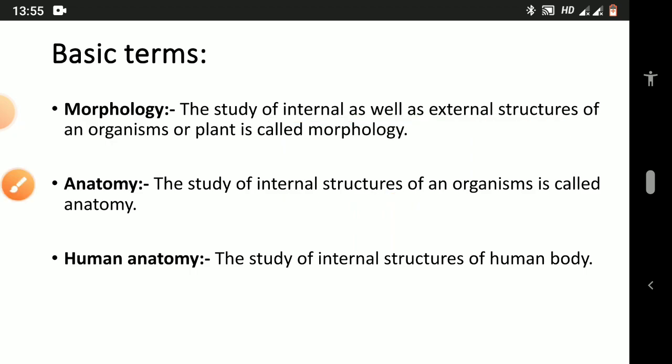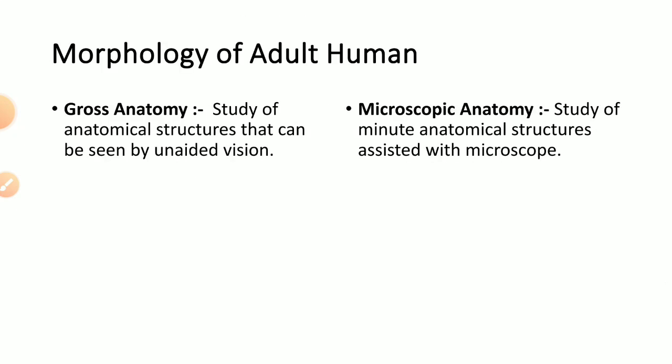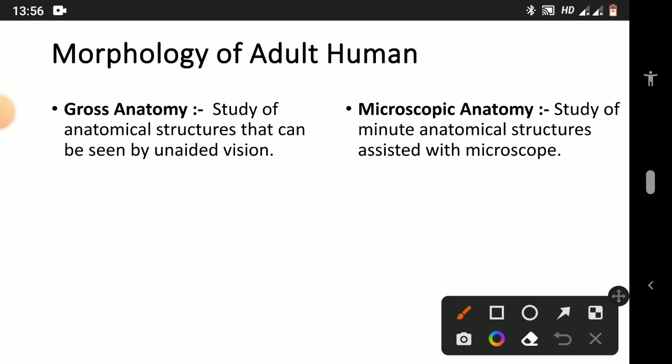Next one is human anatomy. Anatomy means the study of internal structures, and human anatomy is the study of internal structures of the human body. Next one is morphology of adult human. Morphology can be classified into mainly two types, that is gross anatomy and microscopic anatomy.